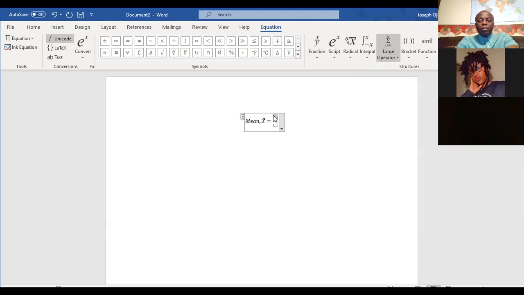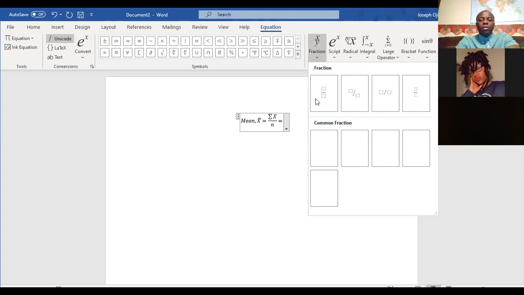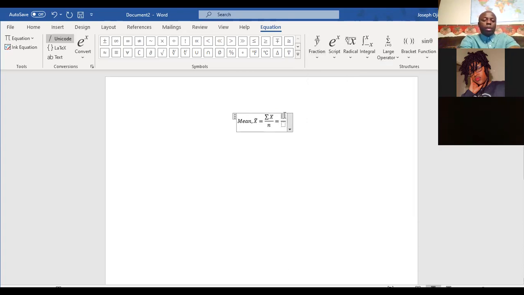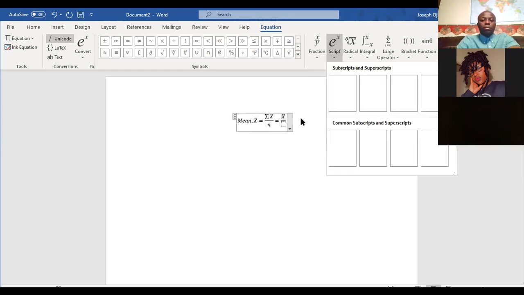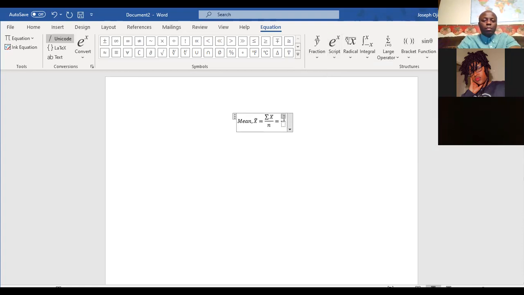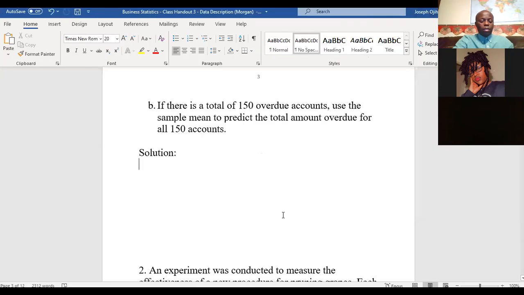Sum of x divided by n, which means sum of x1, excuse me, x1, let me, yeah, this should be it right there. Sum of x over n. Okay, here you go right here.